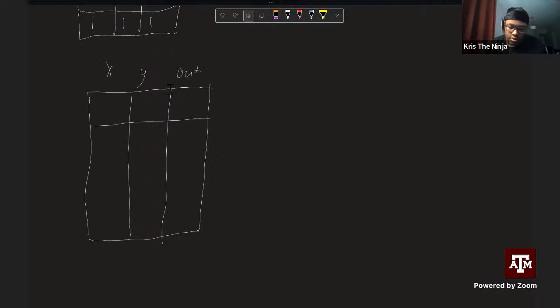They have 0, 0, 0. So if both of them are false, I don't want anything out. If you have x is 1, y is 0, I want 1 out. If x is 0 and y is 1, I want 1 out. And if both of them are 1, I still want 1 out.